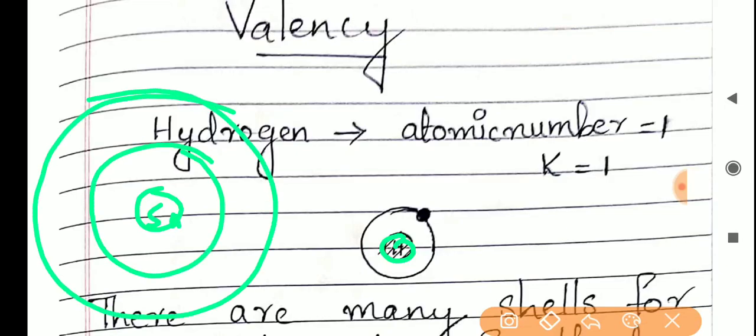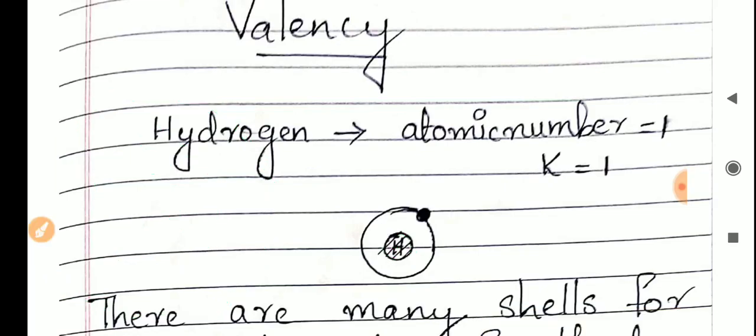The planets revolve around a fixed path called an orbit. In the same way, in the atomic structure, the center of the atom consists of the nucleus, and around it there are orbits named K, L, M, N, etc. Each orbit consists of electrons.